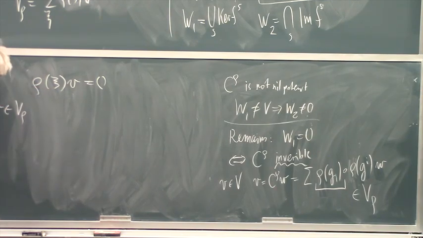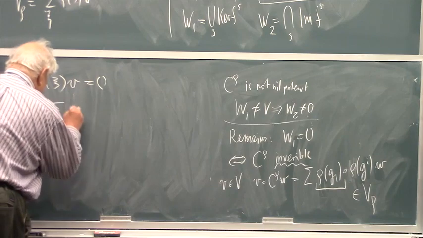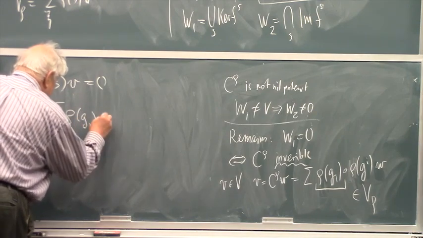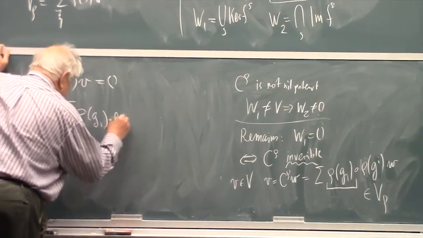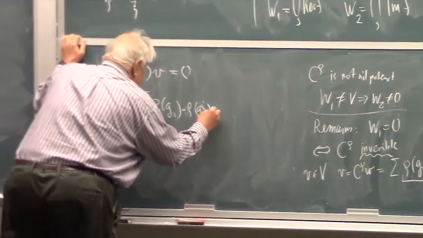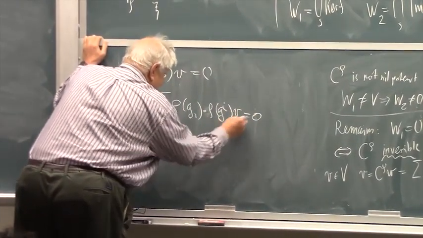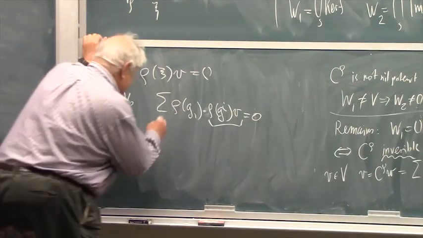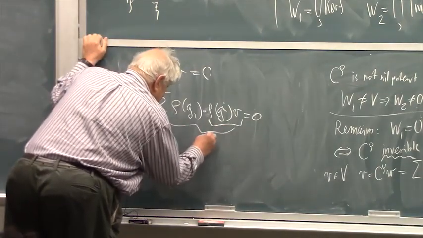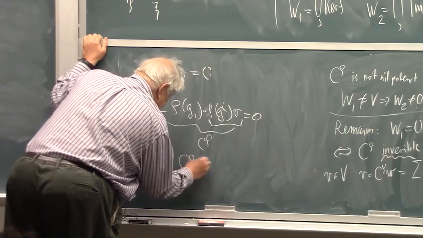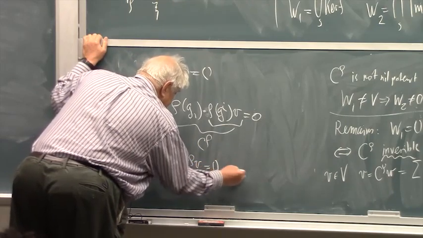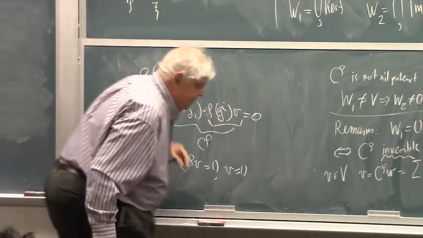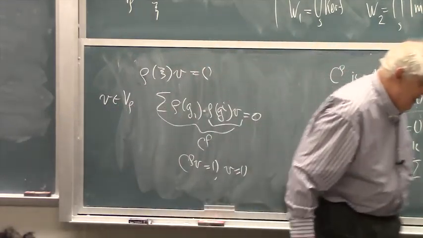But this definitely shows that this is 0. This is 0, right? This is C rho, so C rho of V is 0, so V is 0 because C rho is invertible. And this is all.